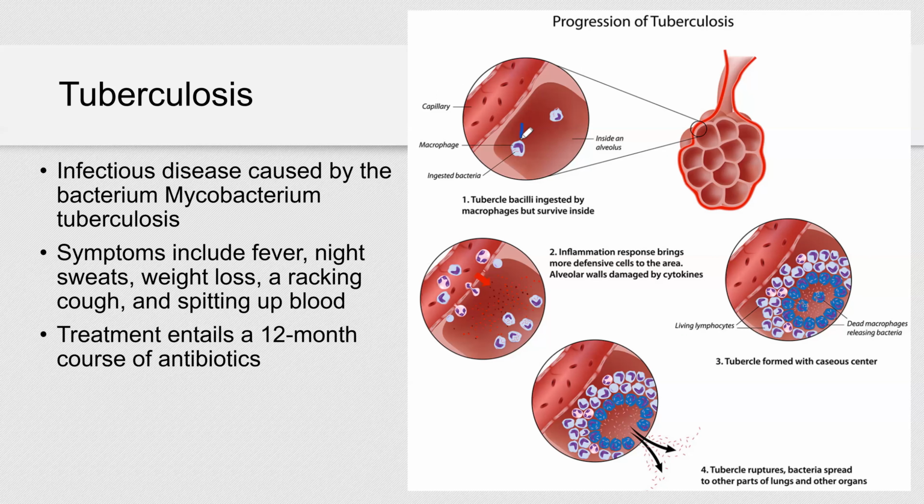They're gonna eat and destroy bacteria. Unfortunately, some bacteria will survive inside those macrophages, and then macrophages will rupture. It shows over here, and bacteria can spread to other parts of lungs and other organs. We do have treatment. It's antibiotic treatment that includes a long 12 months course of antibiotics.